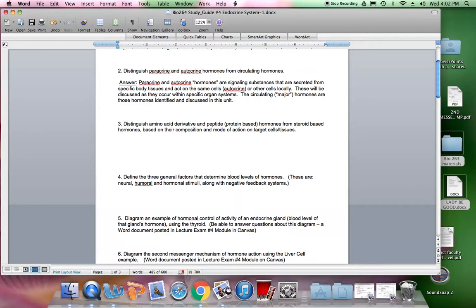So define the 3 general factors that determine blood levels of hormones, and of course these are neural, humoral, and hormonal, and so that figure summarizes that. And I think it has humoral first, and then neural in the middle, and hormonal on the other side.